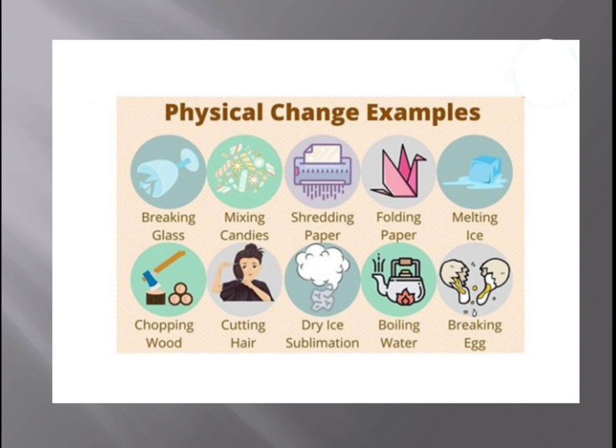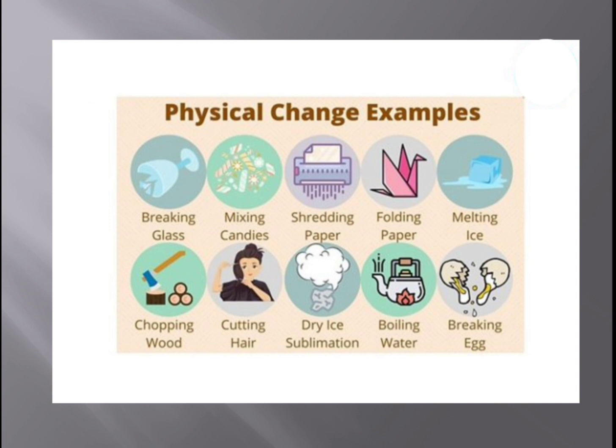Sharpening your pencil, the pencil only is coming out when we are sharpening, no new object is formed, isn't it? When you grind your masalas at home, when mama is grinding, you will get the powder of that masala, not a new object. So a physical change is nothing but when it changes its shape or size and a new object is not formed, then it is called physical change.